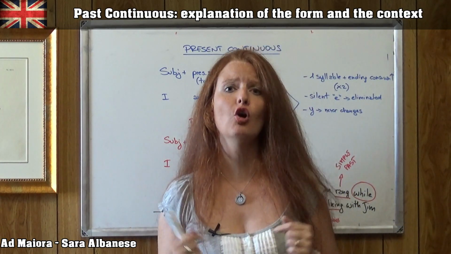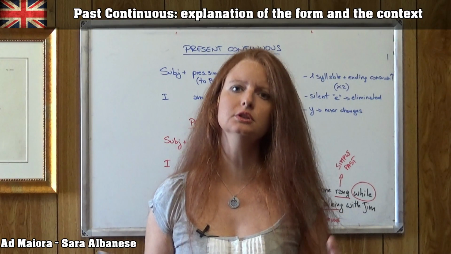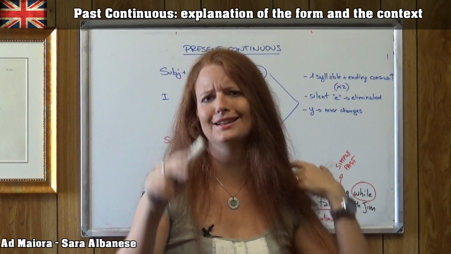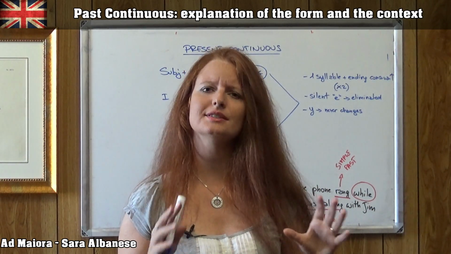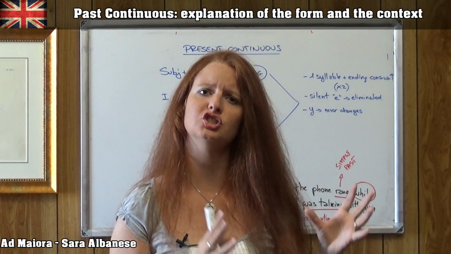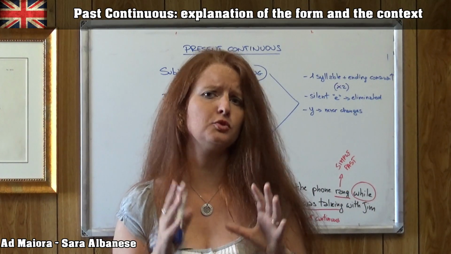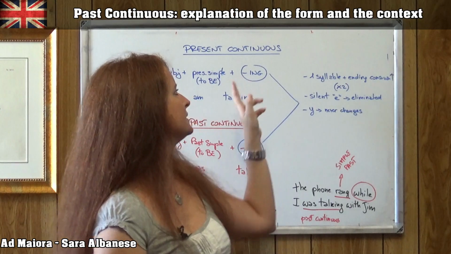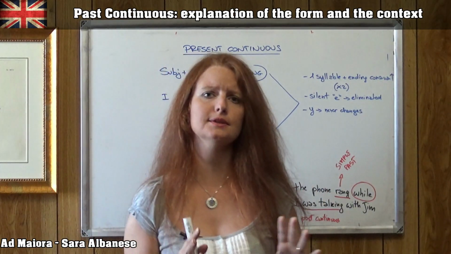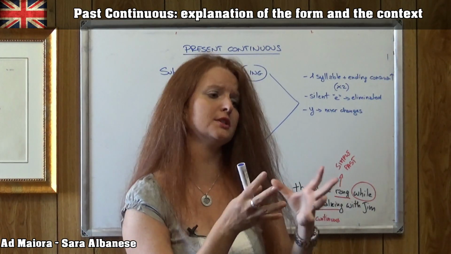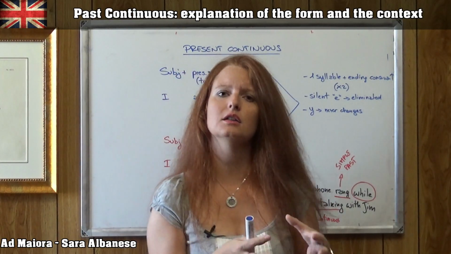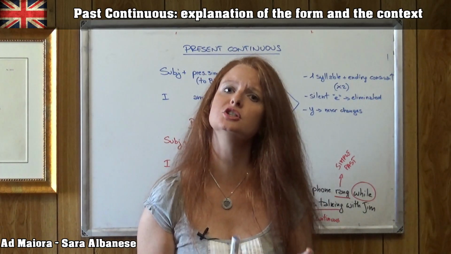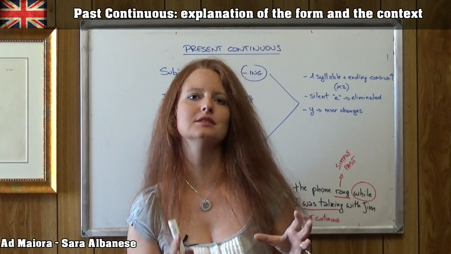Talking about how we form the continuous forms in general, we already talked about that in my second lesson, as I said before. There are some exceptions while forming the gerund. It could be useful to remind them very quickly now. First of all, normally it's quite easy to form the gerund. You just take the base form of the verb, so the infinitive without the preposition to, and you add ing.